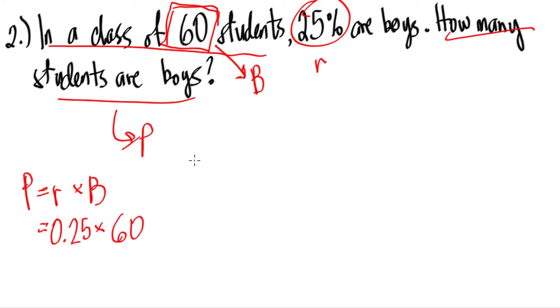So let's do the calculations here. 60 times 0.25. 2 times 6 is 12. 5 times 6 is 30.